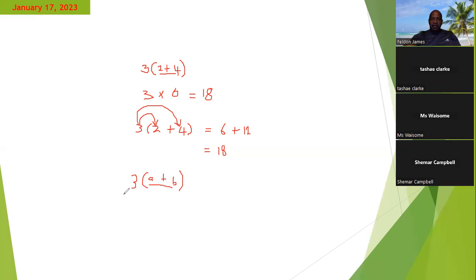Now, if we were to multiply this, we would want to do so in a distributive way. So by multiplying the 3 times A, we get 3A. And then the 3 times B, we will get 3B.